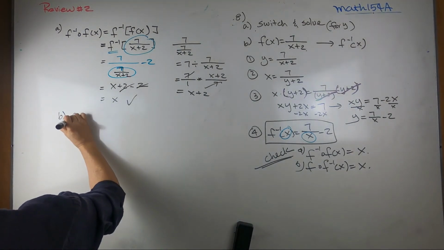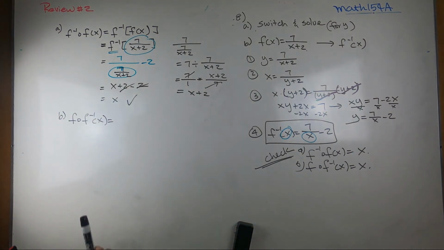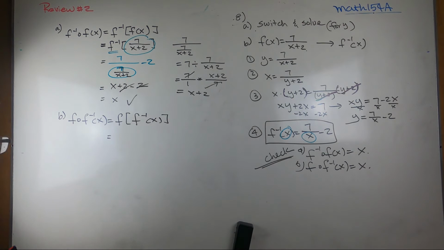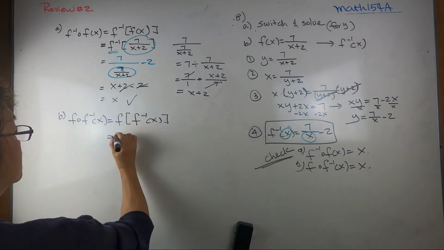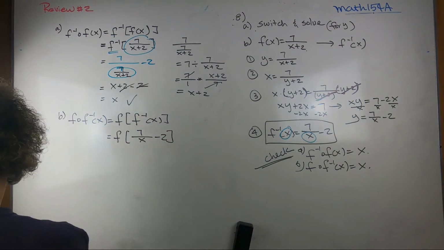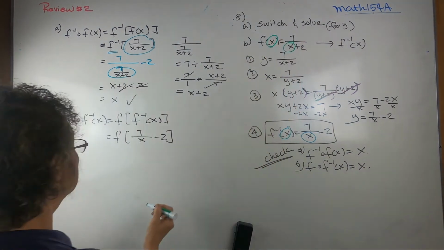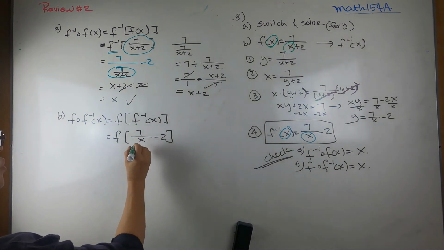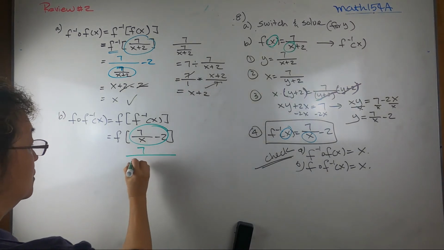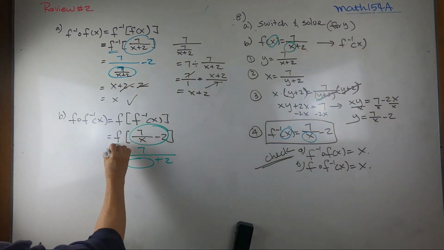Okay? Then how about another one? This one, see, we can get back to x as well. So you do f of f inverse of x, right? So what's your f inverse? It's this guy, 7 over x minus 2, right? Then for f, it's saying whatever you have, you would do 7 over whatever you have and plus 2. Is that what f is doing?